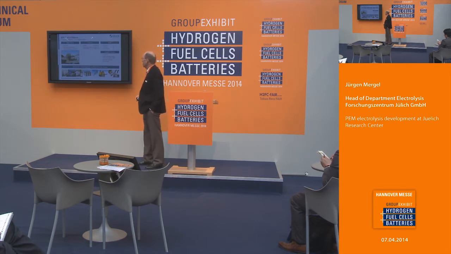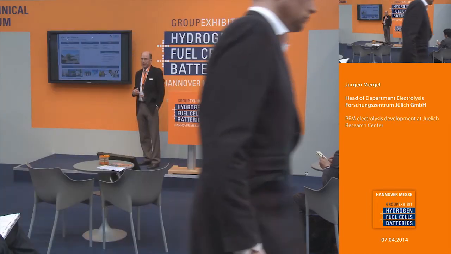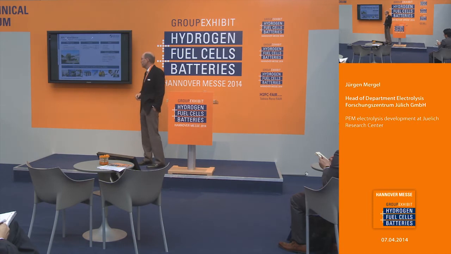In our institute, the IAK 3, our R&D topics, besides fuel cells, gas separation and batteries, are hydrogen technologies, especially water electrolysis. On PEM electrolysis at the moment around 25 people are working, from the catalyst up to the whole system.